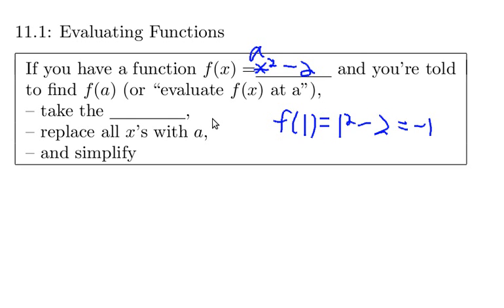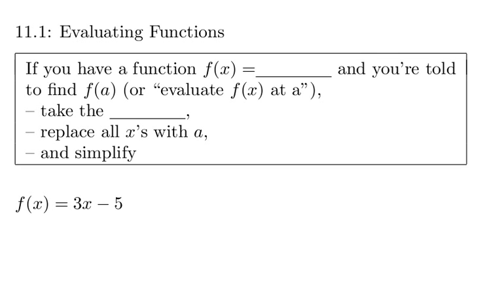I didn't mean to jump right into an example already, but I guess there's no harm in that. So let's go ahead and jump into a pretty simple example. Let's say we have f of x equals 3x minus 5, and we're told to find f of 1.5.